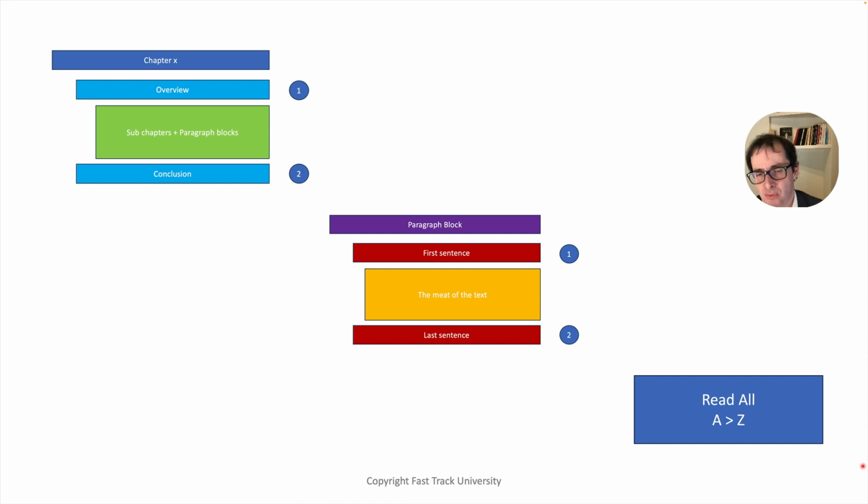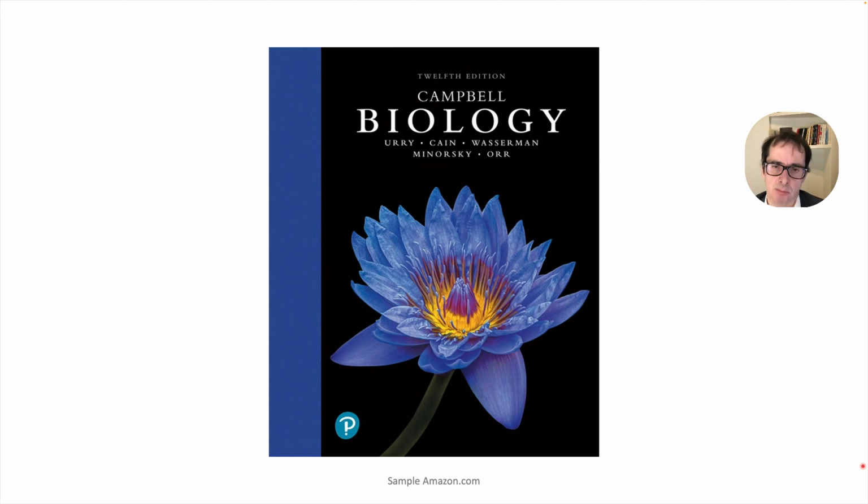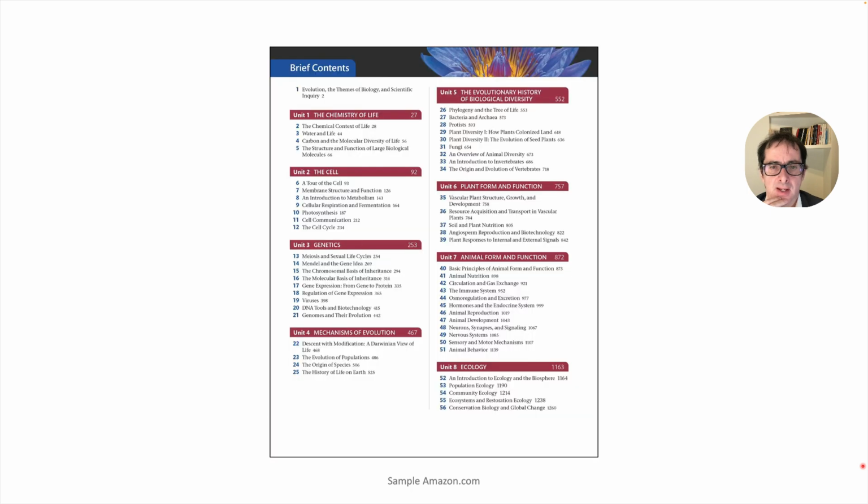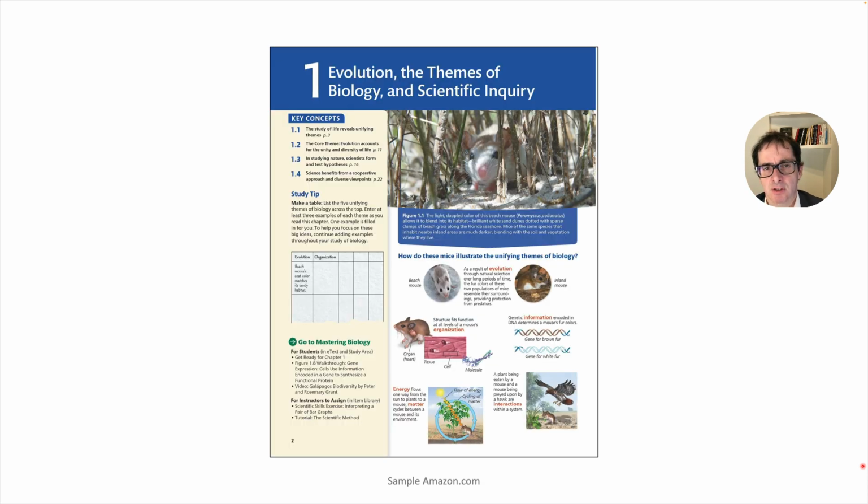It's a fascinating finding, so I'll give an example. I took a sample from Amazon.com of the Campbell book on biology. It's a classic overview of basic biology. If you orient yourself, you will see the content, all the units and things like that. But let's dive into it. This is the first chapter, and in this case the summary is a bit shorter, so the key is to use the idea of key concepts instead of sub-chapters.